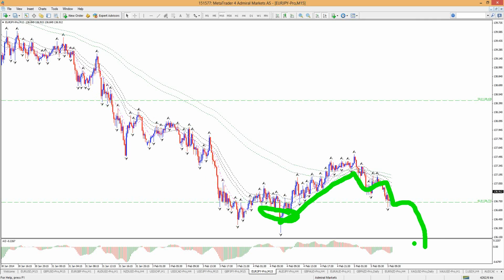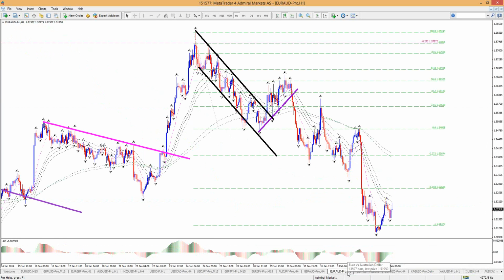So there is the potential to break and go as well, just like we had here. So still no preferences. Let's take a look maybe at something else. Let's see, maybe the euro-aussie, why not? Alrighty.